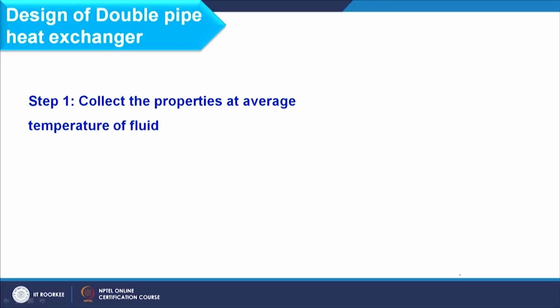Okay. Now, let us start the design of the double pipe heat exchanger. Here we are going to discuss the different steps involved in designing. So, let us start with step 1, and step 1 is that we have to collect the properties at the average temperature of the fluid. Okay. That is a very important parameter: we have to collect the properties of the fluid, but those properties should be at the average temperature, not the inlet and outlet temperature, but the average of the two.